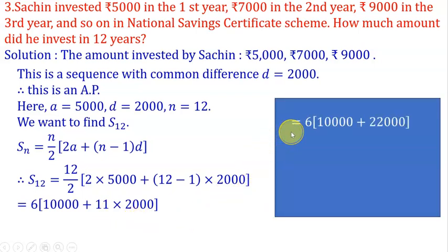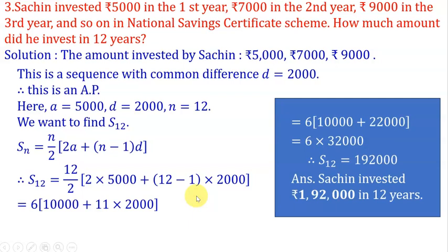Okay, that's equal to 6 in bracket 10,000 plus 22,000. Therefore 6 into 32,000, इथे multiplication करणार. Therefore S12 is equal to 1,92,000. Okay, ही त्याची पूर्णपणे 12 years मधली काय होणार तर ती सेव्हिंग होणार. Invested. Therefore Sachin invested rupees 1,92,000 in 12 years.